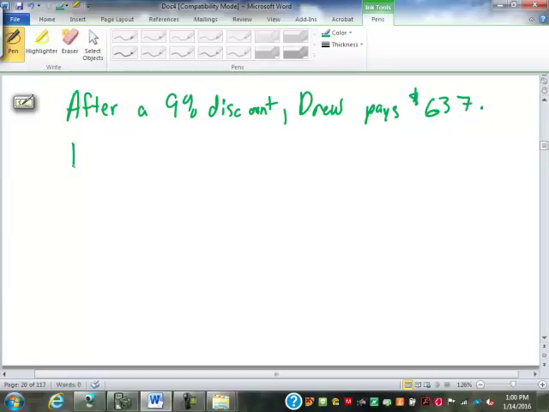Find the list price. Figure it out in your notes quick. See if you can figure out what that list price would have been. What was it? Okay, very good. Anybody else come up with 700? What's that? Did you get 700? Well, do it. There's still time.